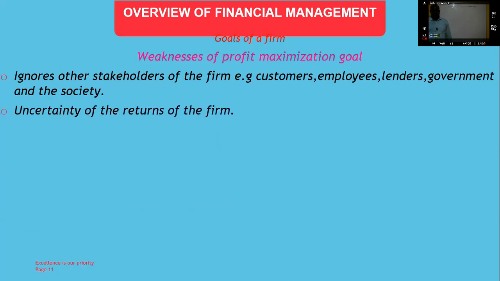Number two is that there's uncertainty of the returns of the firm. The firm's returns might not be consistent. For example, during the COVID-19 period, many firms that had anticipated to make profits made serious losses.